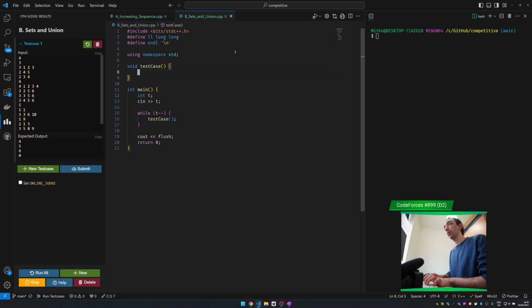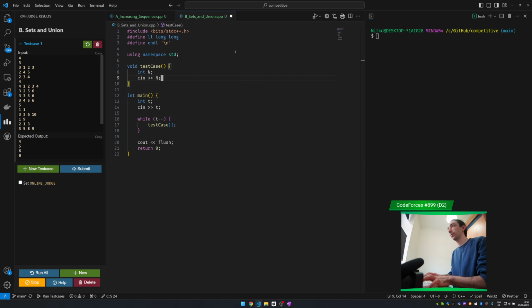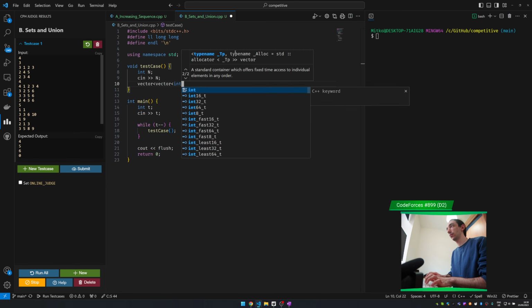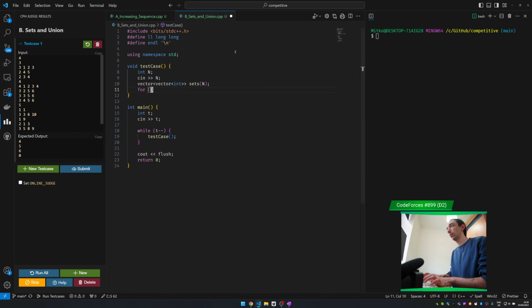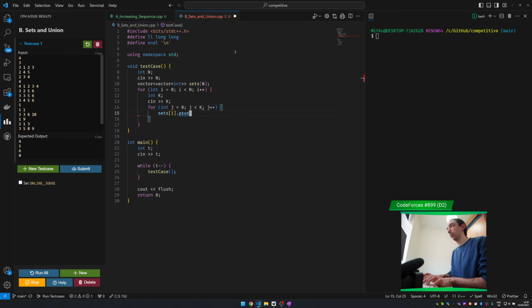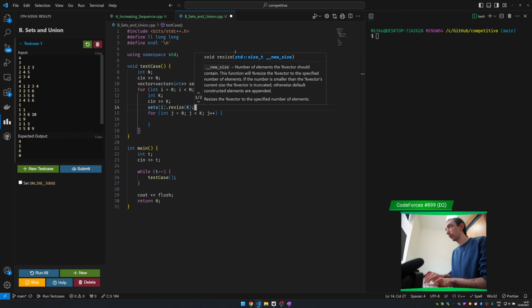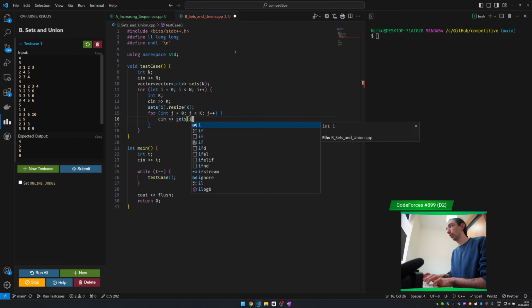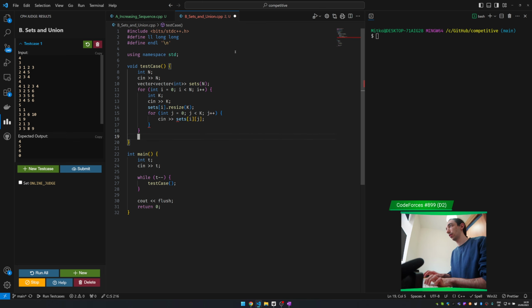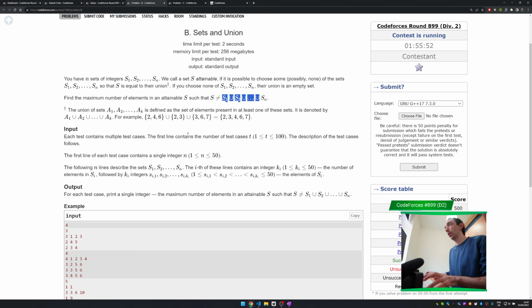We want to ask, there are n sets, set i with size k.